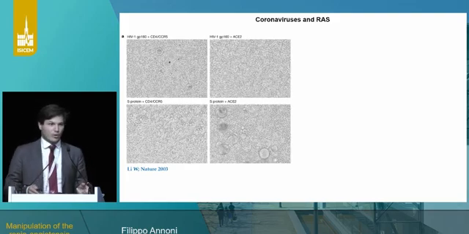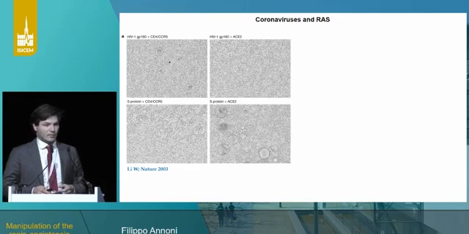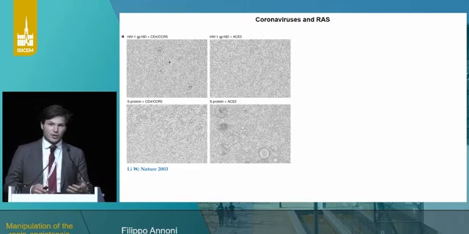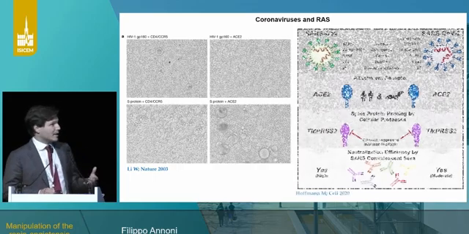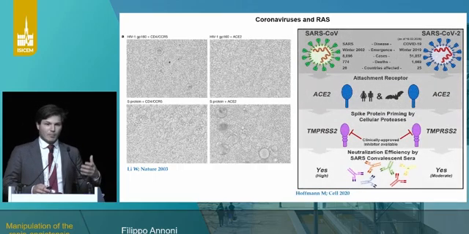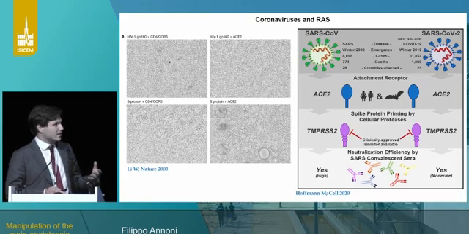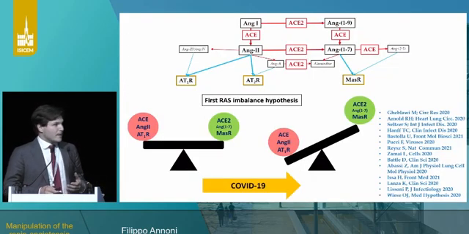As you all know, during the first SARS outbreak, ACE2 was found to serve as a functional receptor for the virus. So it came only natural to look back when the pandemic hit, and again ACE2 was found to be the functional receptor of the virus.